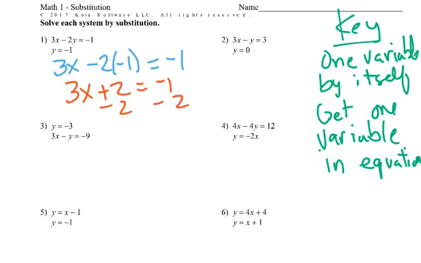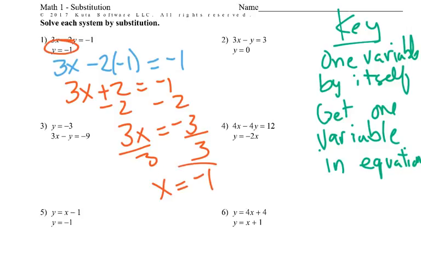Subtract 2 from both sides. I get 3x equals -3. -1 minus 2 is -3. Divide by 3, and we get x equals -1. So y equals -1, x equals -1. That means in these two lines, the point -1, -1 is my solution.